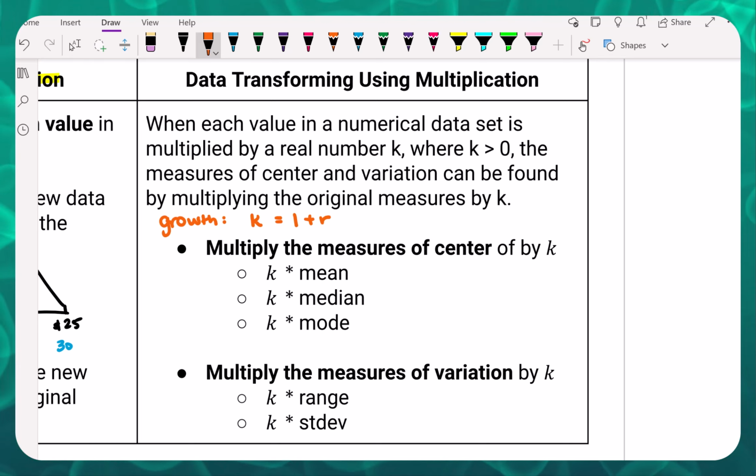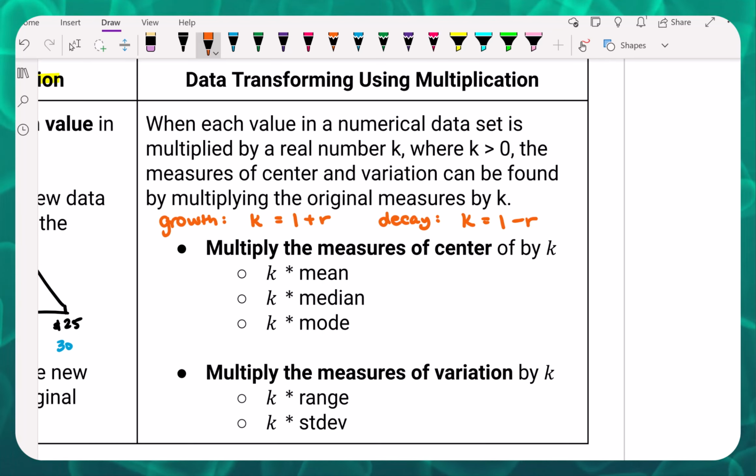And then if you have a decay, on the other hand, it will be equal to 1 minus that rate. So instead of multiplying it times the actual decay of like 20%, you would multiply it times 1 minus 0.2, which would leave you 0.8, okay?